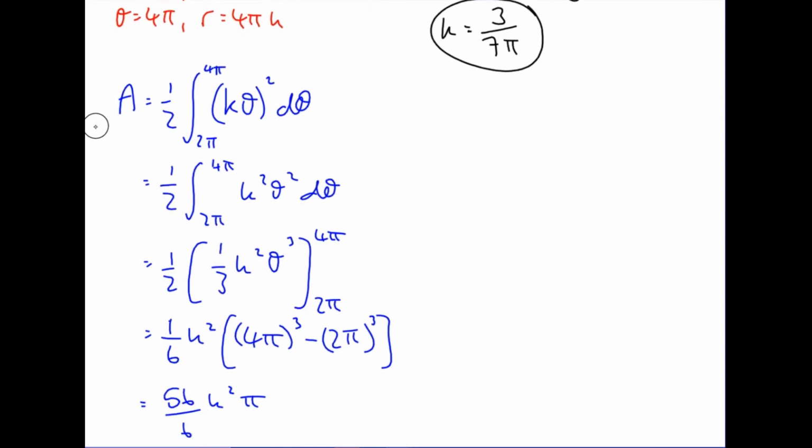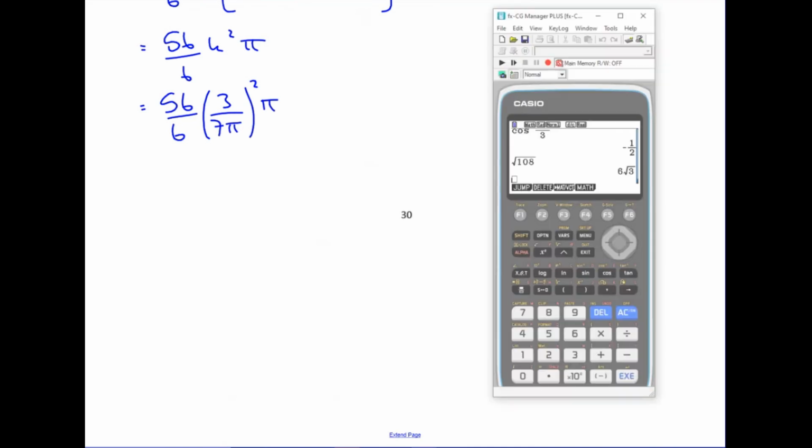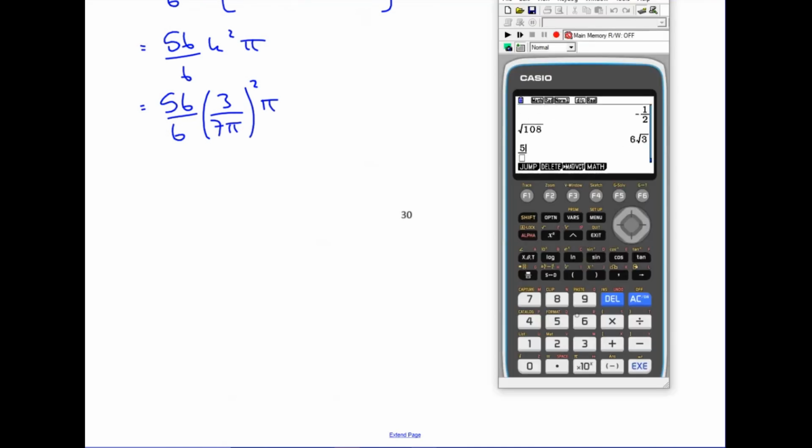So k was 3 over 7 pi, squared. Let's deal with the numbers first. So 56 over 6 will simplify, and I've got 3 over 7 squared.